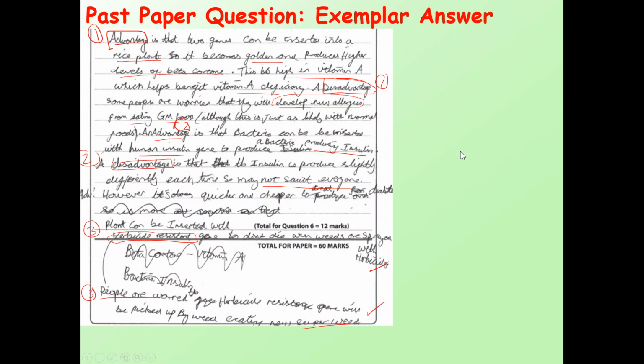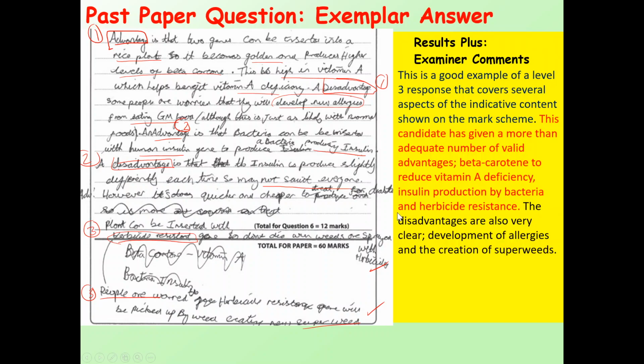Okay, let's look at what the examiner said about this response. This is a good example of a level 3 response. We're talking about 5 or 6 marks, that covers several aspects of the indicative content shown on the mark scheme. This candidate has given a more than adequate number of valid advantages. Remember, we only needed 2 advantages and 2 disadvantages. They've got 3. Beta carotene to reduce vitamin A deficiency, insulin production by bacteria, and herbicide resistance.